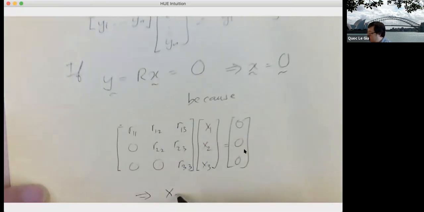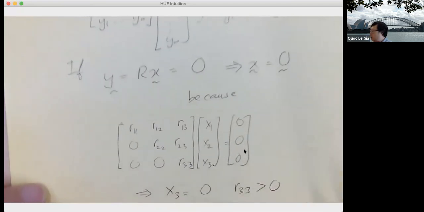So x3 equals 0 because R33 is positive. Remember, if R33 is 0, then it's a big problem. But here every diagonal entry is positive. So x2 equals 0.